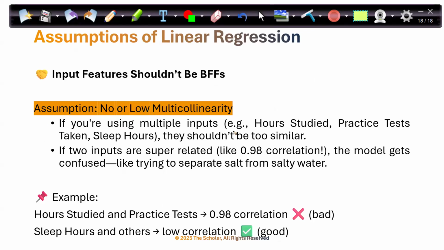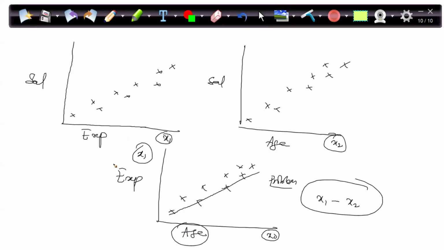If you are using multiple inputs, hours studied, practice tests taken, sleep hours, they should not be too similar. Here, age and experience is too similar. That's why you are getting this 45-degree line, right? That's why you're getting this type of correlation.